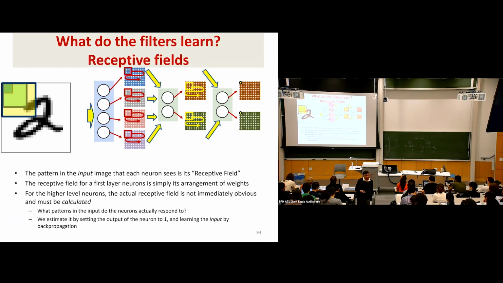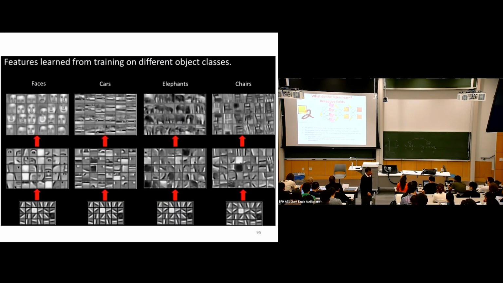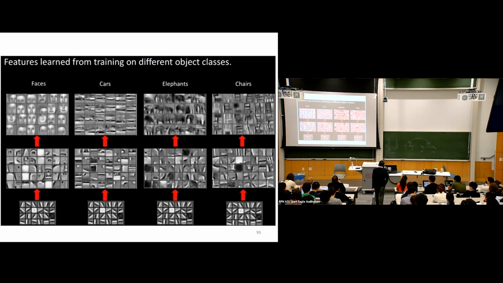You can find out what triggered the filter, and you can do this for different inputs. And so here are some examples of a large image recognition neural network and its response to different kinds of inputs. So at the lowest level, you find that all of the neurons are looking for patterns of the kind shown over here. Do these remind you of something from our first CNN lecture, from our second CNN lecture? What are they?